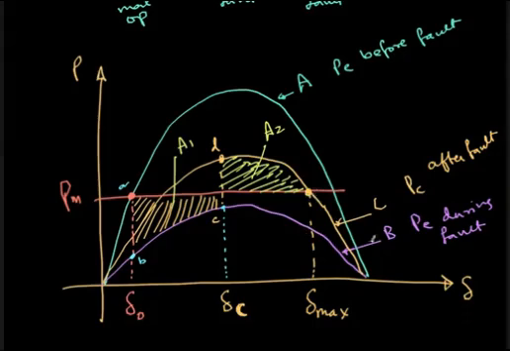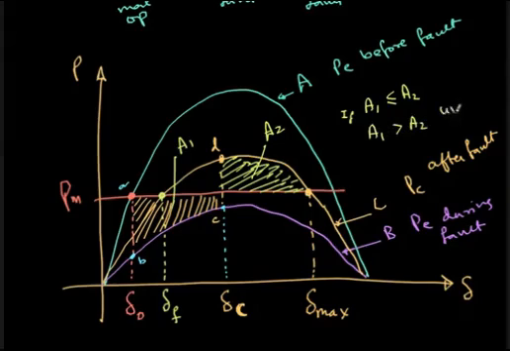After the fault is cleared, I am on path C. So this would be the stable point, and this will be delta F, the final value of delta. So I start at delta 0, then I go up to delta C, the fault is cleared, I keep going up to delta max, then I oscillate, finally settling back at delta F. That is true. The machine will come back to stability if A1 is less than or equal to A2. If A1 is greater than A2, then it is unstable.